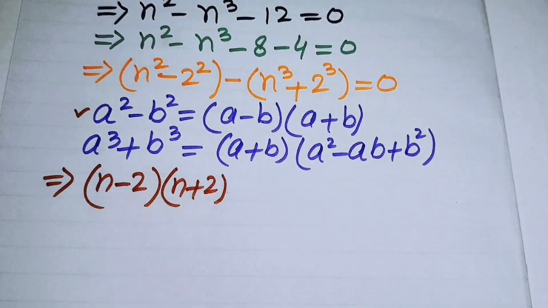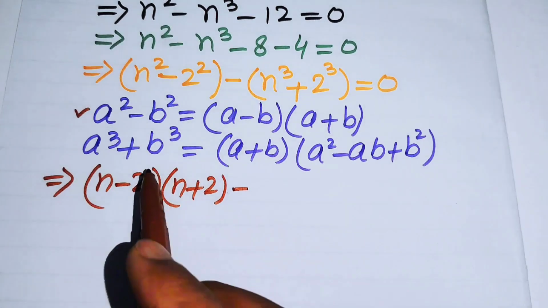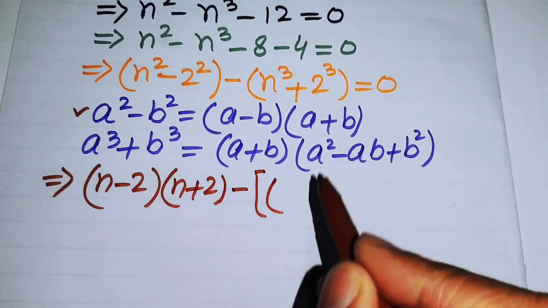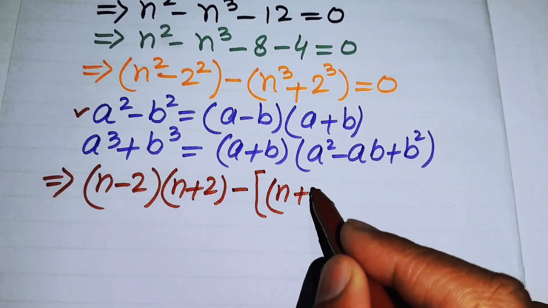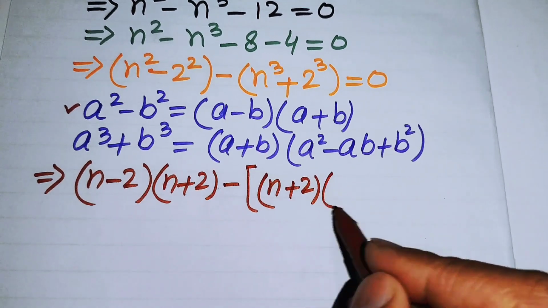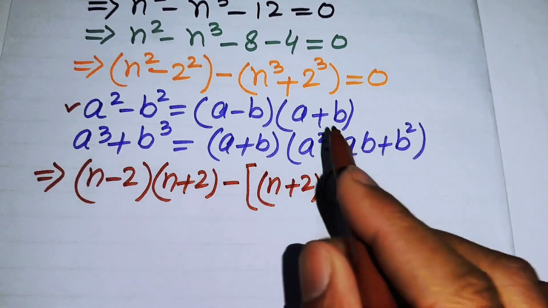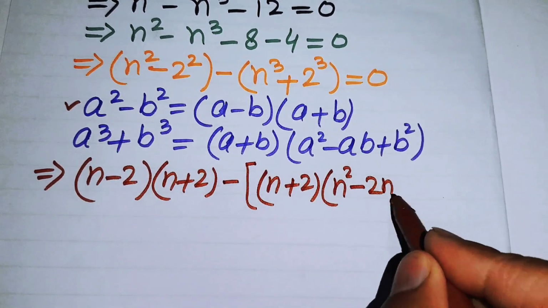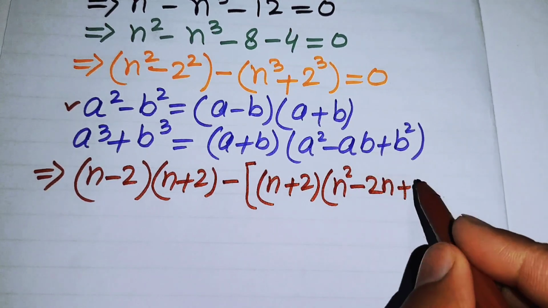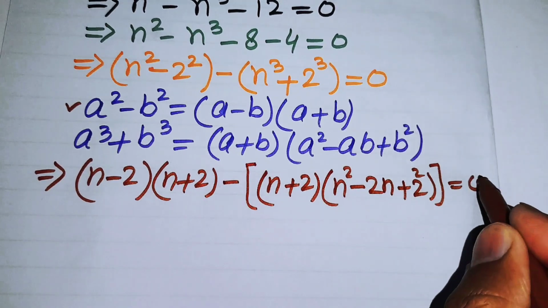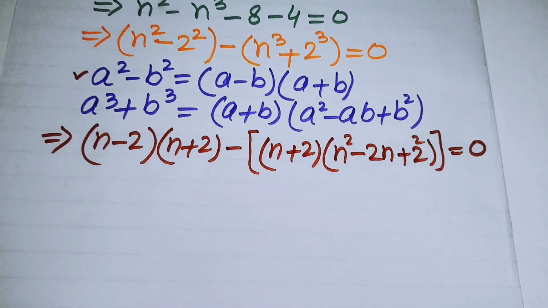So here we use this formula and this is the minus sign, and now we use this cubic formula on this term and we get its output in this form: n plus 2 times n squared minus 2 times n plus 2 squared, and this whole equals 0.